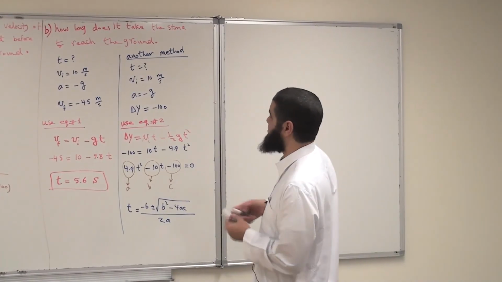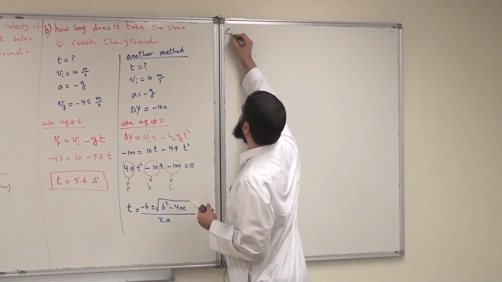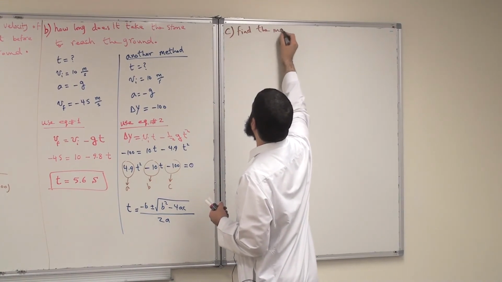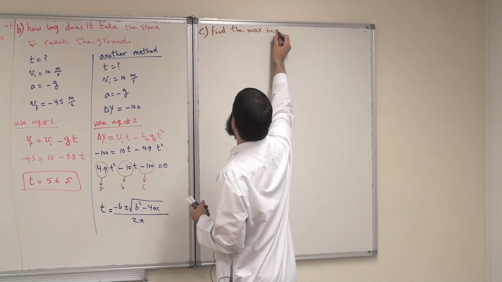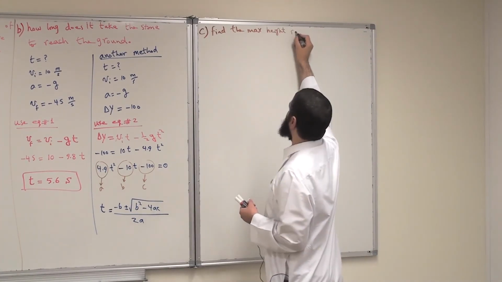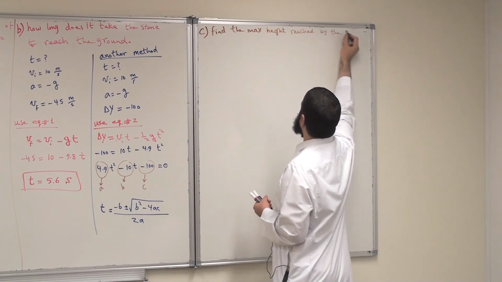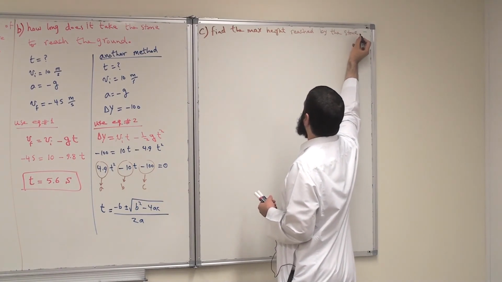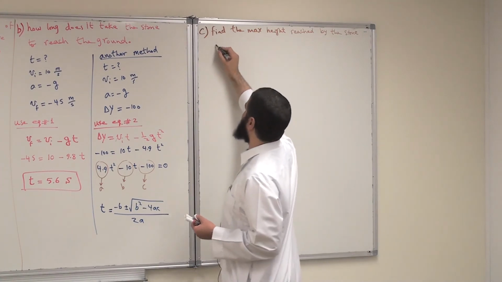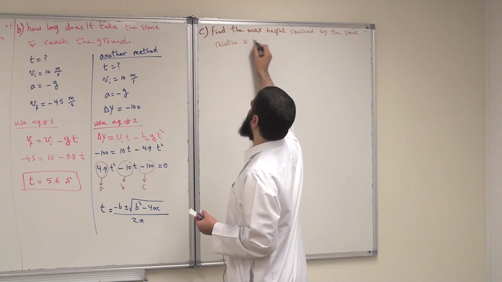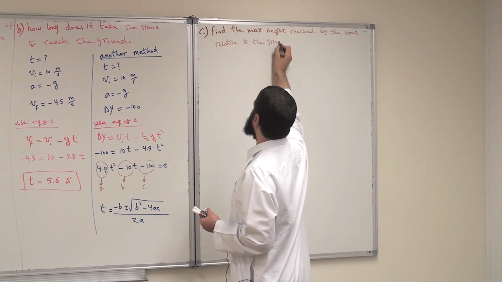Part C, find the maximum height reached by the stone, relative to the ground level.